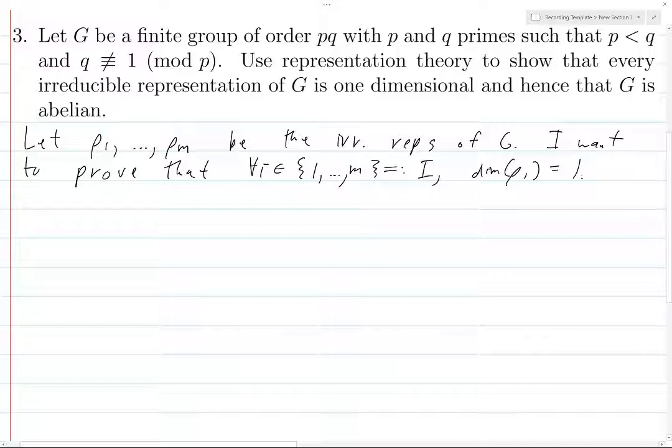I.e., if you look at these representations and the underlying vector spaces, the vector spaces have dimension 1.